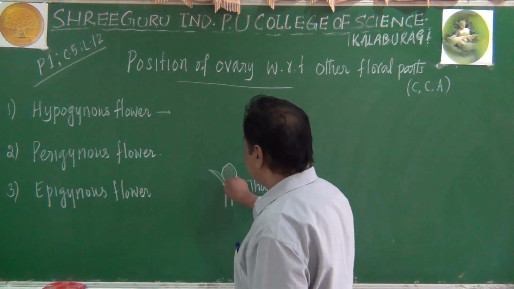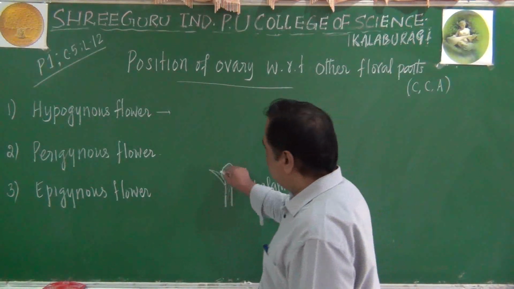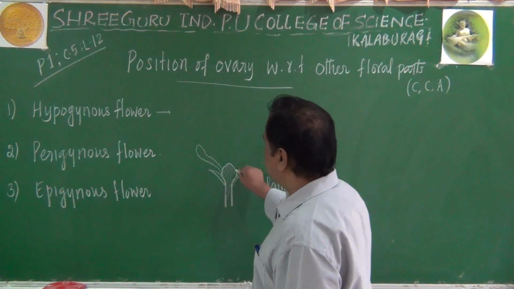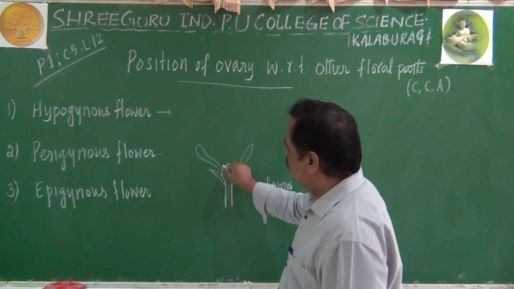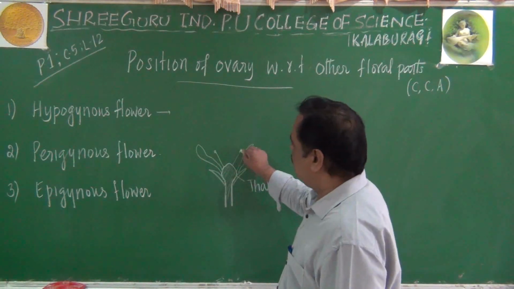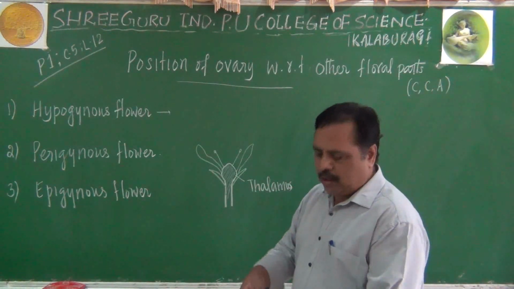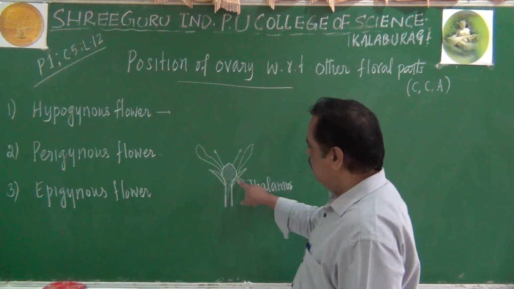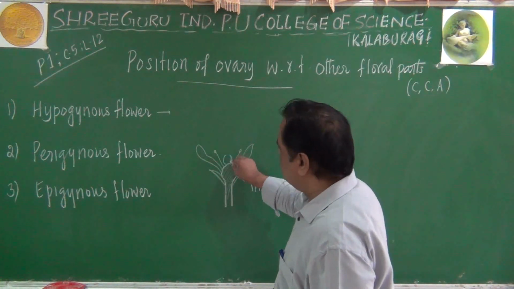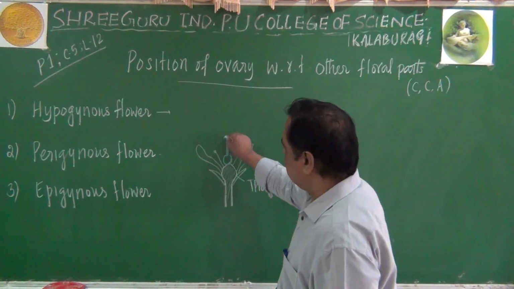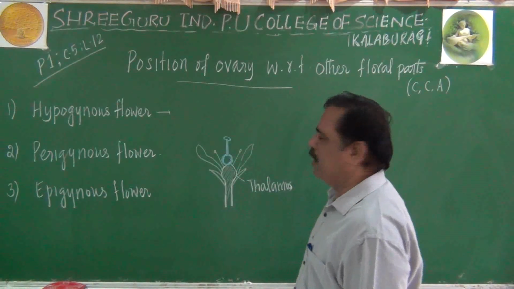What are other floral parts? Imagine this is the calyx or sepal we can draw here. Imagine these are the petals or brightly colored part of the flower. Imagine this is the stamen, otherwise androecium part we can say. Now above all of them, calyx, corolla, androecium, here comes the ovary like this, or carpel is present like this. Imagine this point.